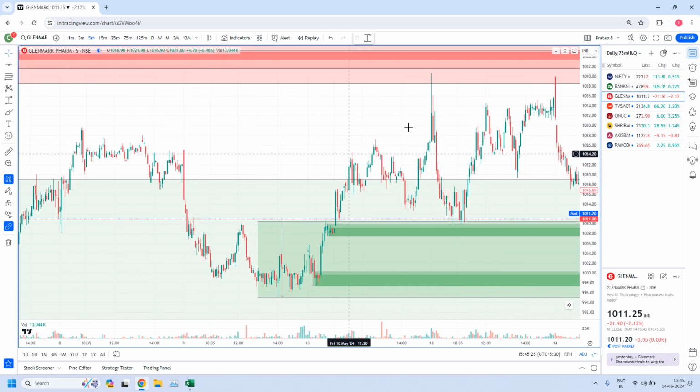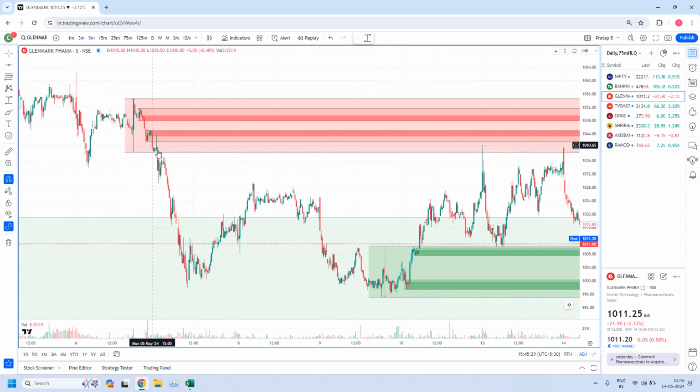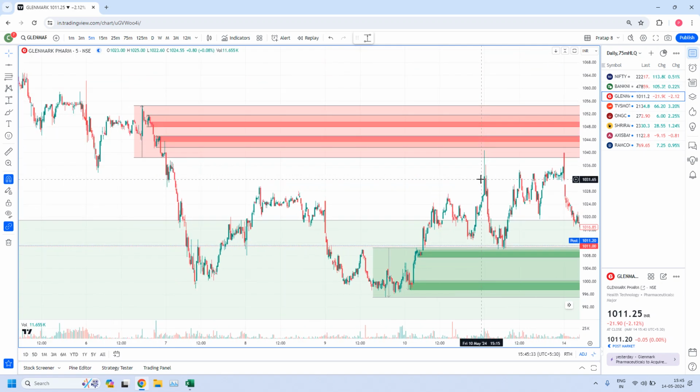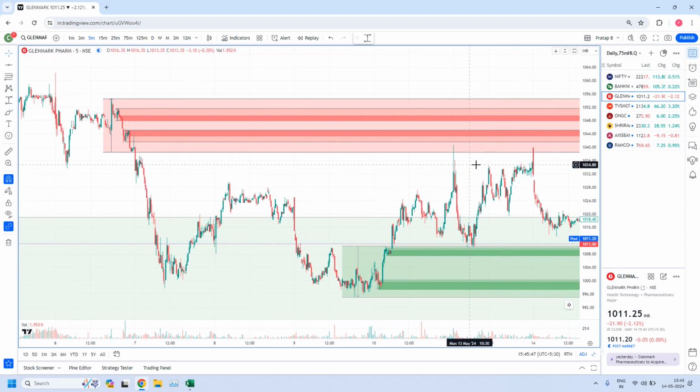Because once prices came down, you might be thinking the order flow from this zone pushed the prices down. Maybe it need not be because of the order flow from here, maybe because of this 15-minute zone. See, prices came close to this 15-minute zone, which could be the reason behind pushing the prices. Even today morning also, prices started from here, again pushed.